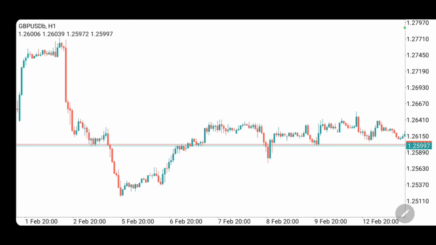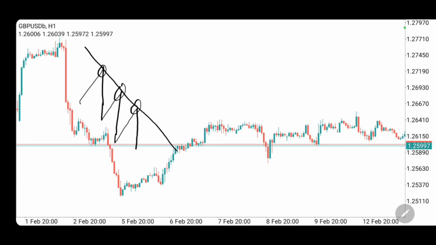Like for a trend line liquidity, you have a trend line like this, and the market is always hitting this trend line, respecting this. This is the first touch of the trend line, this is the second touch, in fact this is the third touch of the trend line.